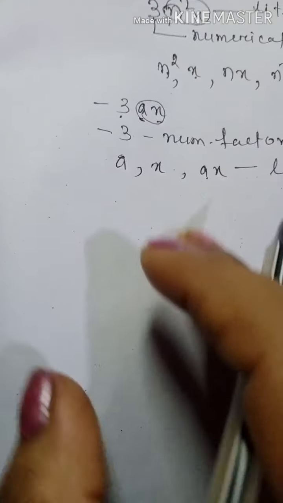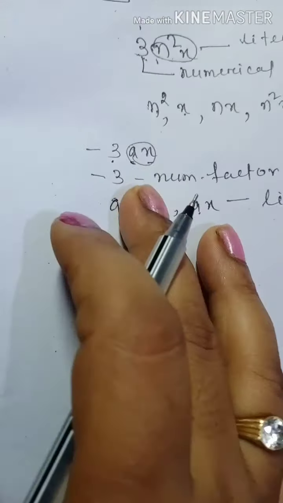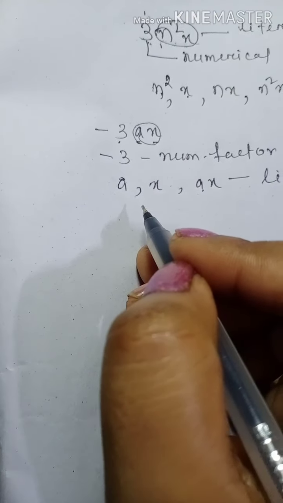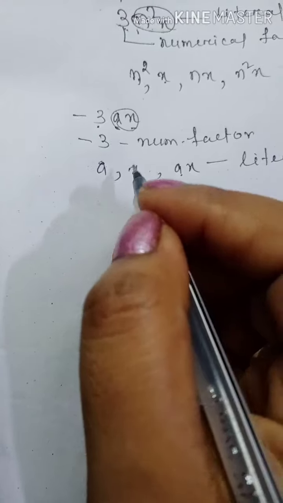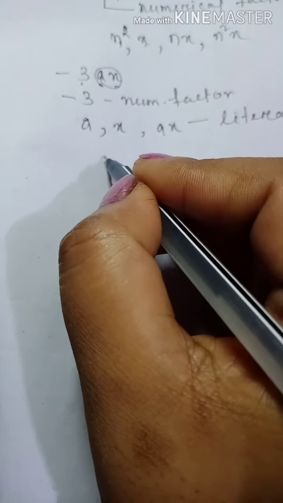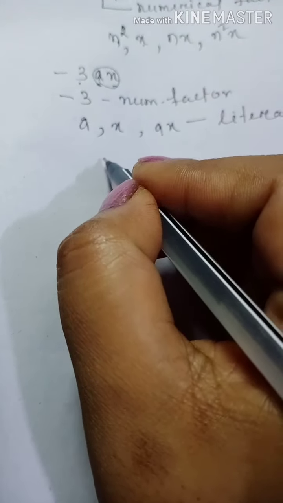Next is coefficient. What do you mean by coefficient? Coefficient means what? Same type, there is no difference. Suppose I am telling about 7x square n.